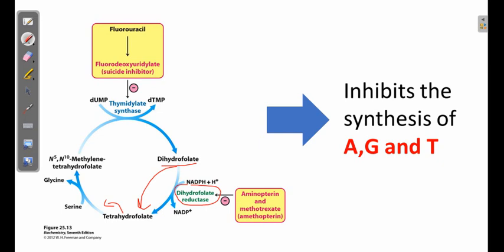But here, because aminopterin is competing with dihydrofolate, it will bind with this enzyme. And once it binds with this enzyme, the enzyme can no longer convert dihydrofolate into tetrahydrofolate. As you can expect, once we don't have the tetrahydrofolate, this is going to stop the pathway for synthesizing the nitrogen bases.